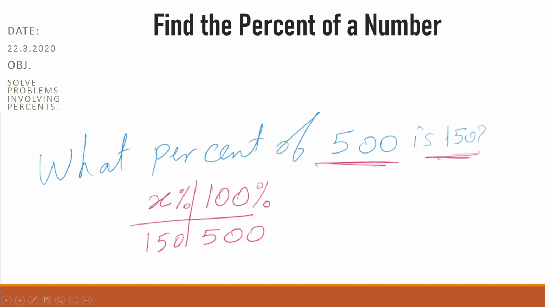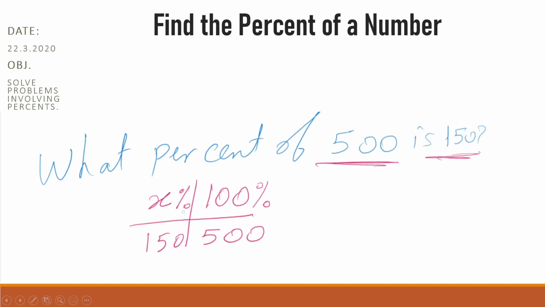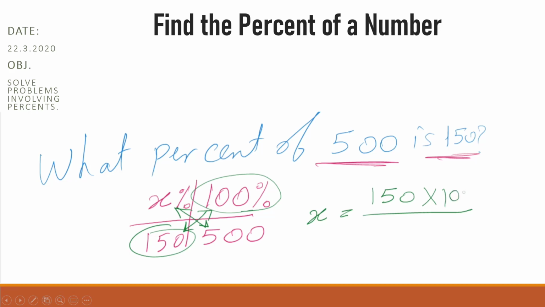So use cross multiplication, and we're going to multiply 100 and 150. So x is 150 multiplied by 100 divided by 500.